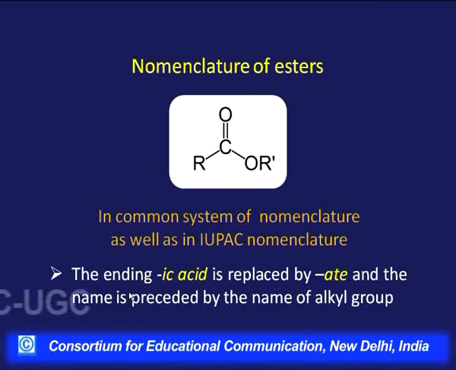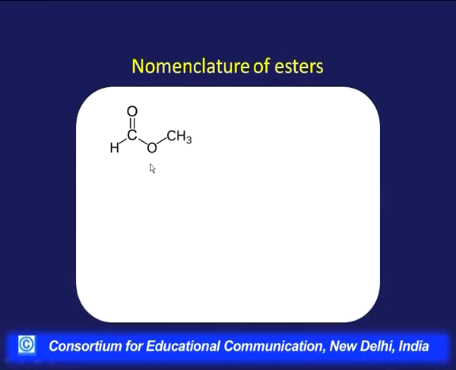The ending of the alkanoic acid, the ic acid part, is replaced by ate, and before this we name this part. It may be an alkyl group or phenyl group, whatsoever it is, it is preceded by this name. So, let us take some examples.